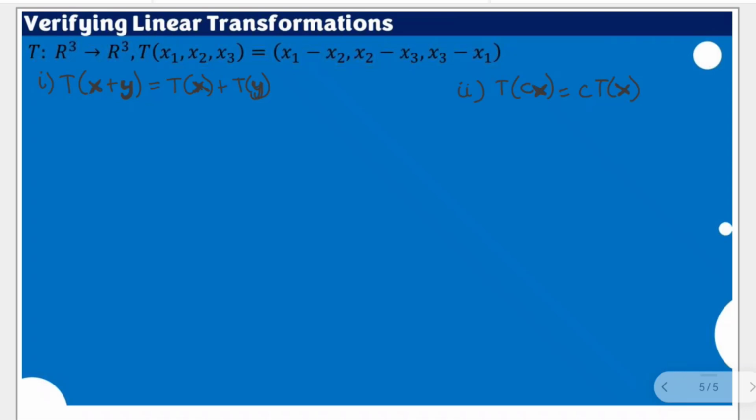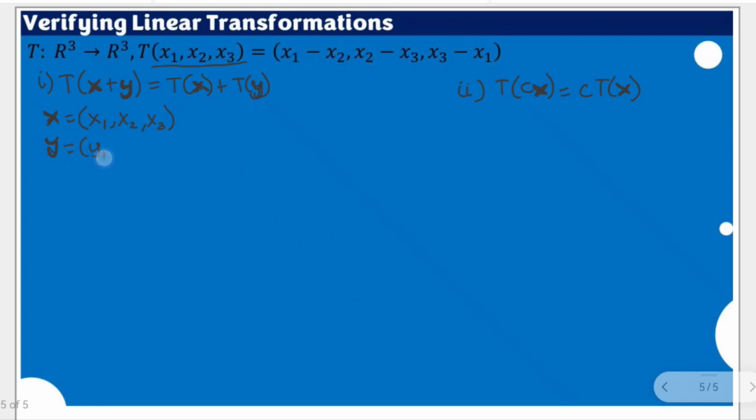The first condition is this, but of course we're going to define the two vectors x and y with their components. Since our vectors are in R3, x has components x sub 1, x sub 2, and x sub 3. And for y, we simply use y sub 1, y sub 2, and y sub 3.